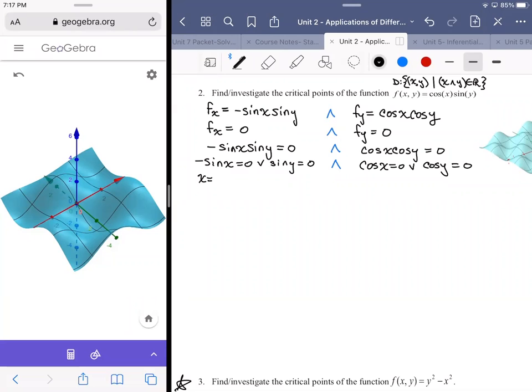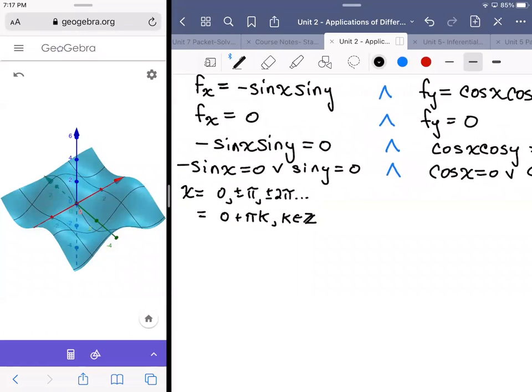So x could be equal to 0 plus or minus pi, plus or minus 2 pi, and so on. But you could also write it as x can be equal to 0 plus pi k, where k belongs to the set of integers. Real numbers wouldn't make sense there. All right, so that's if you wanted to generalize.